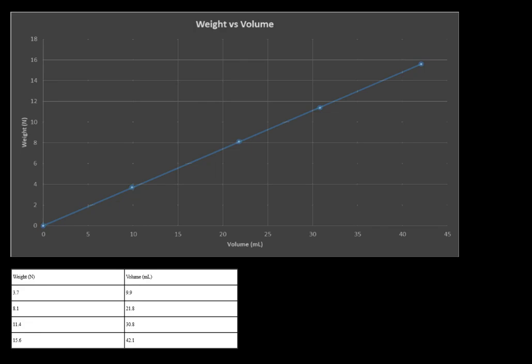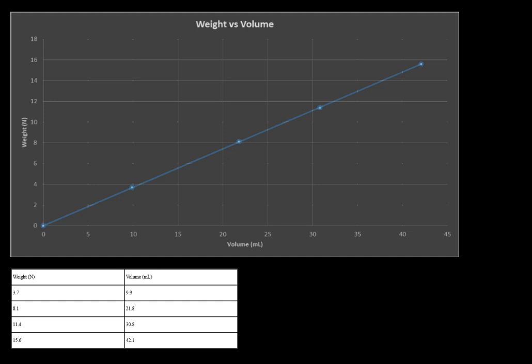Okay, so now we're back in here, and what we want to do is analyze this relationship. So we need to find the slope of this line, and we need to write a y equals mx plus b relationship telling us what our weight will be in relation to our volume. All right, so since we can see this is a linear line, we can do our slope directly from our chart.